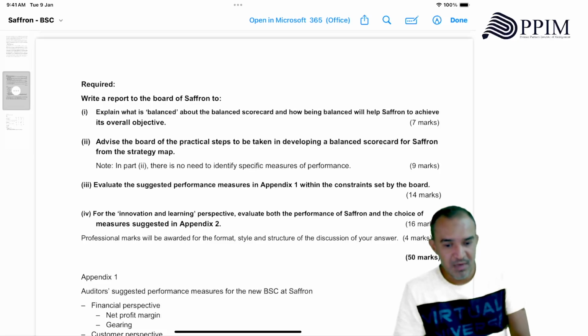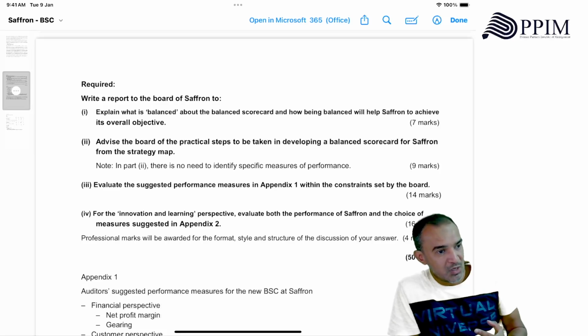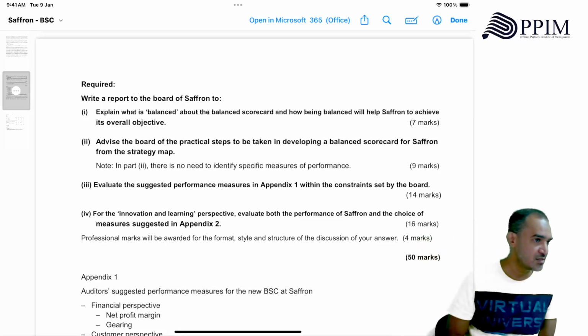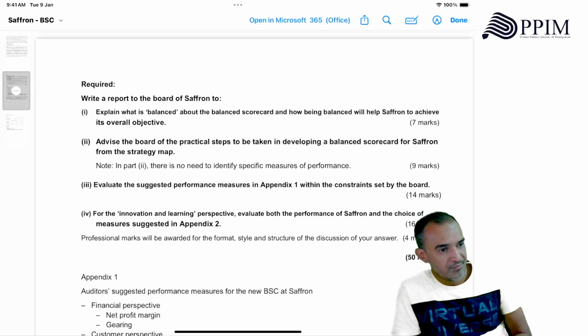So this topic is mainly from the non-financials, balance scorecard, right? So what is balance scorecard? A performance measurement tool or a strategy implementation tool, which looks at an organization from 4 different angles, namely customer perspective, financial perspective, learning and growth, and internal business process.